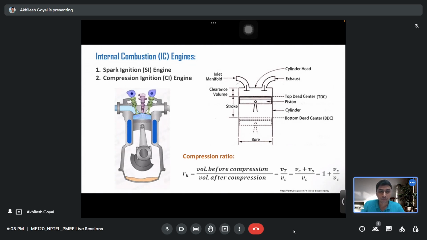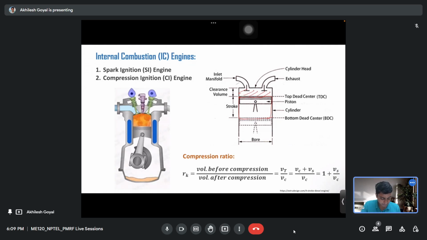To redefine it, the compression ratio is defined as the volume of the cylinder before compression divided by the volume of the cylinder after compression. Before compression we have the clearance volume plus the swept volume. The swept volume is from TDC to BDC, top dead center to bottom dead center.